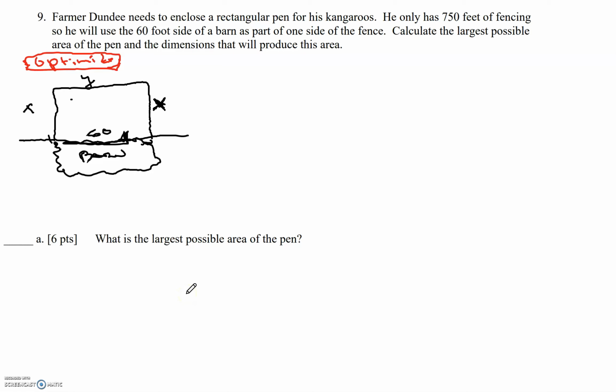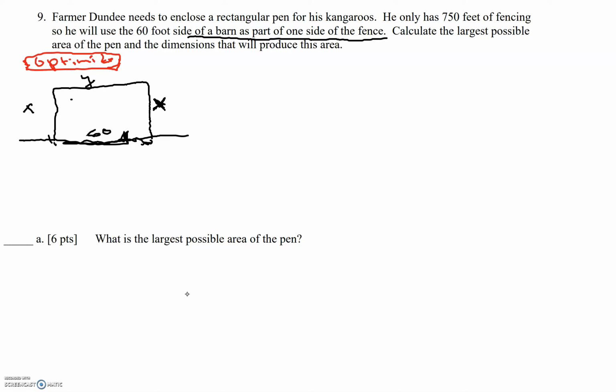There's also another complication, which you really have to read closely. It says the 60-foot side of a barn as part of one side of the fence. It doesn't say as one side, it says part of one side. So notice my picture. Let me redraw my picture to make this a bit more clear.